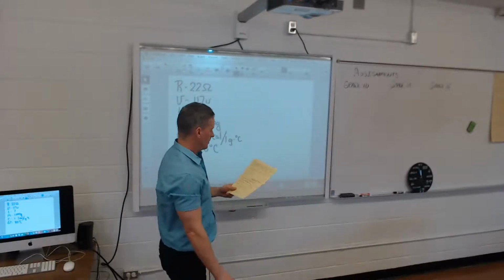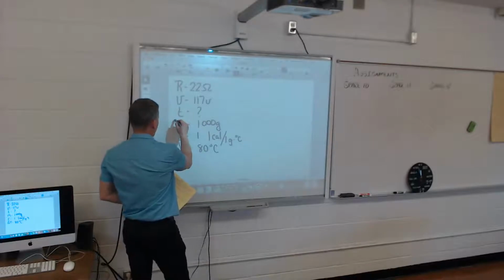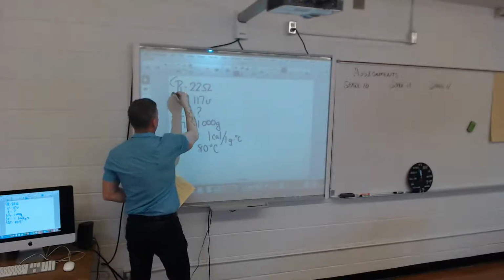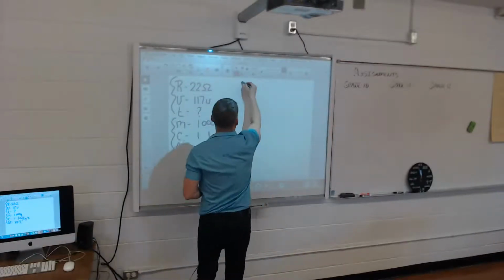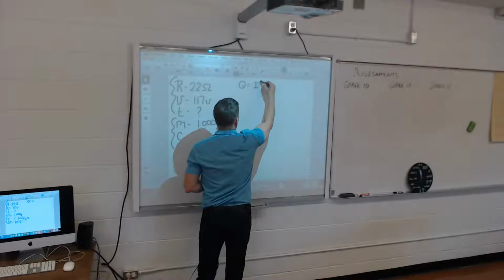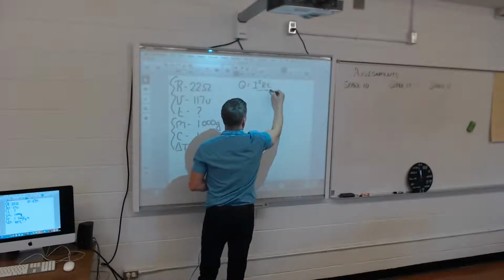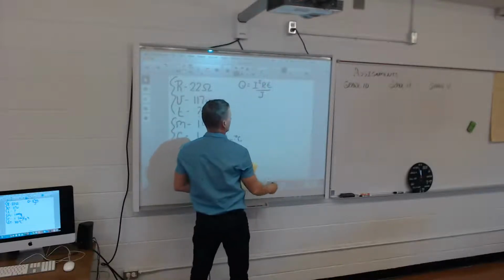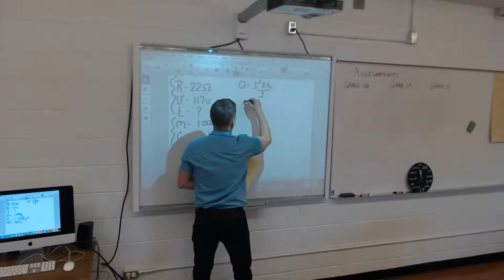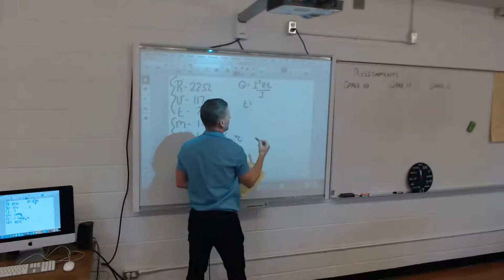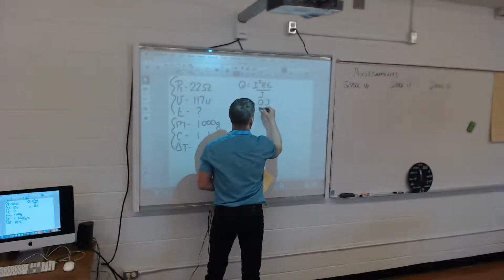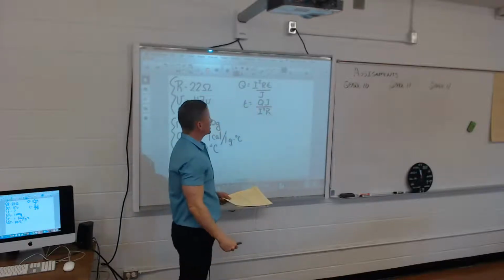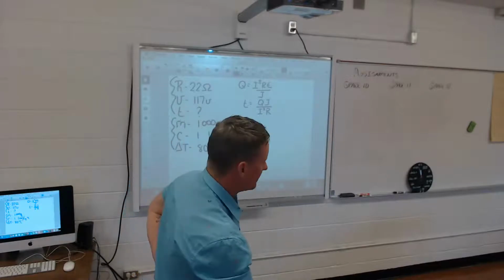Okay, so I'm going to use heat to figure this question out. Up here I have Q equals I squared RT over J. And if I arrange that to find out what my time is, I've got QJ over I squared R. So that's my time, right?